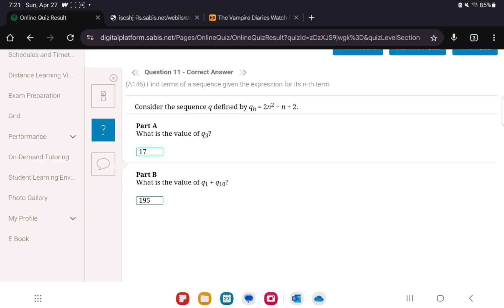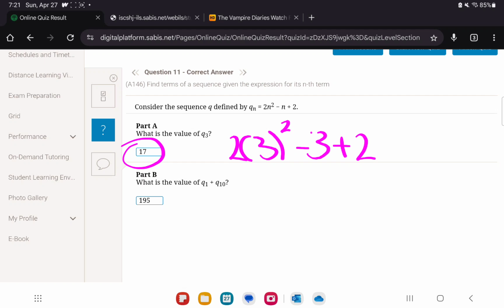Okay, this is very, very, very simple. I don't know why they're even giving it to us, but we deserve a simple question. So Qn is 2n squared minus n plus 2. So Q3 is 2 times 3 squared minus 3 plus 2. Do it on your calculator or do it mentally because it's very easy. You get 17. Now Q1 plus Q10, you do the same thing to Q1 and Q10.